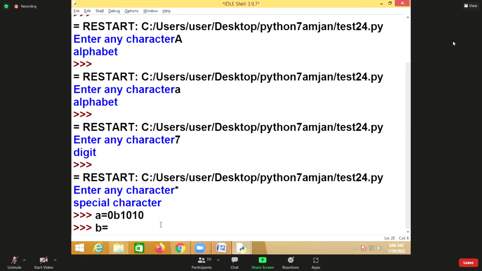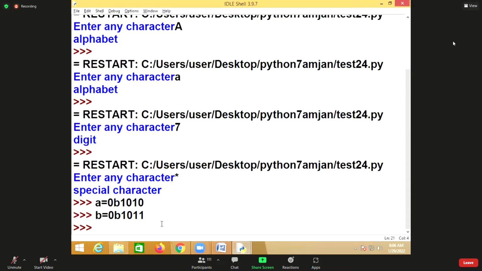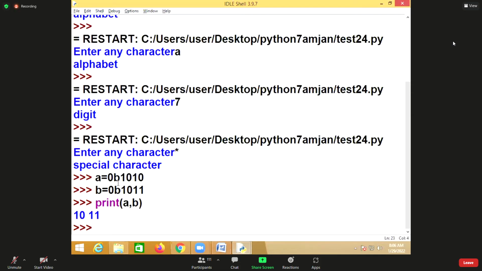So B equal to 0b1011. If you print the A value and B value, it will display in decimal. The value of A is 10, and the value of B is 11.